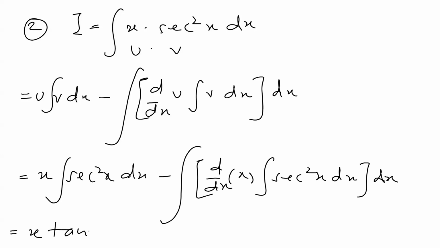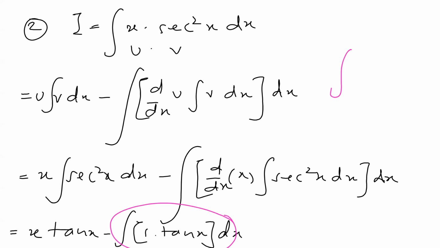So x into tan x, bigger integration 1 into tan x. Okay. Integration of sec square x is tan x. Now this part 1 into tan x is tan x. So integration of tan x is log mod sec x. That formula you know. So you can put it over here and end the problem.